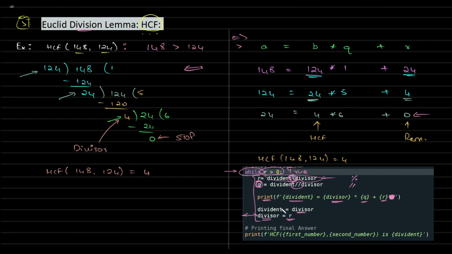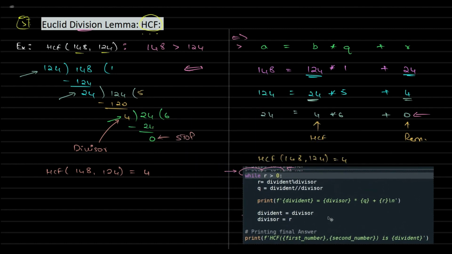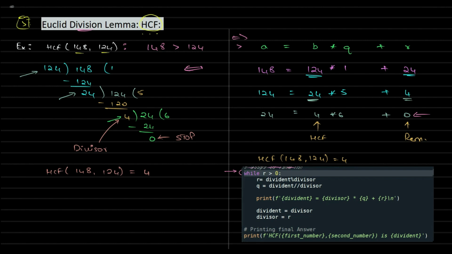So we continue to do this division and so on, and at the end of it, when the remainder is 0, the statement becomes false, is it not? When it becomes false, it will come out of the loop and execute the next line.